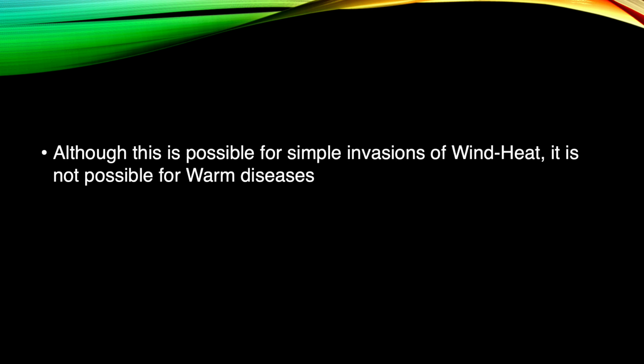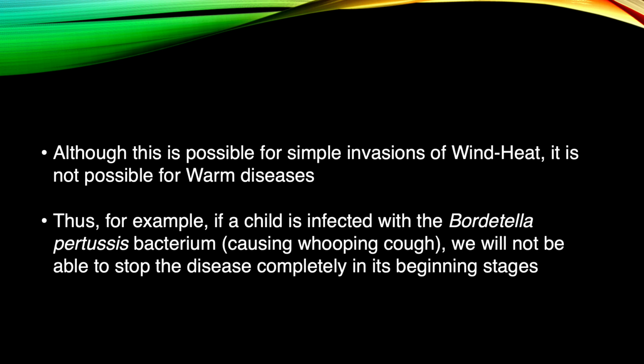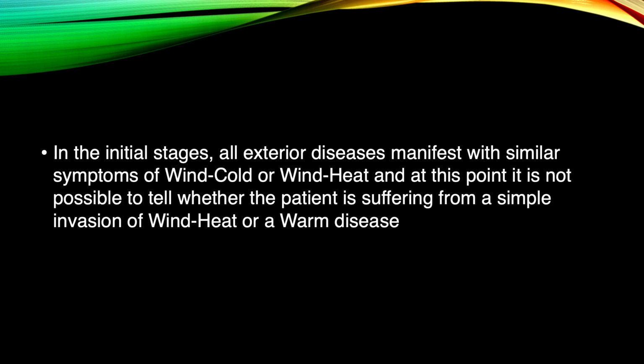Although this is possible for simple invasions of wind heat, it is not possible for warm diseases. Thus, for example, if a child is infected with the Bordetella pertussis bacterium causing whooping cough, we will not be able to stop the disease completely in its beginning stages.